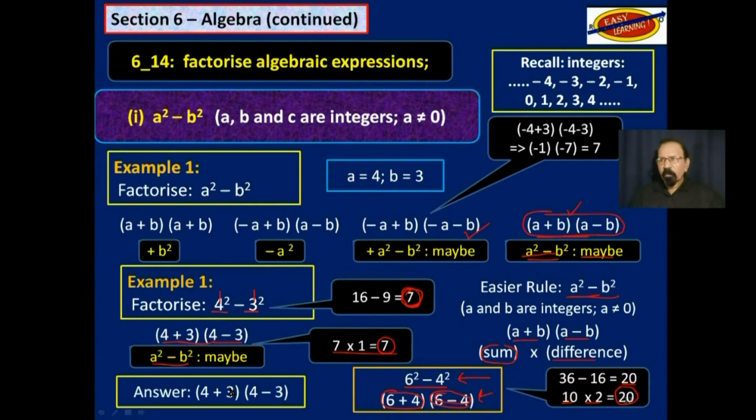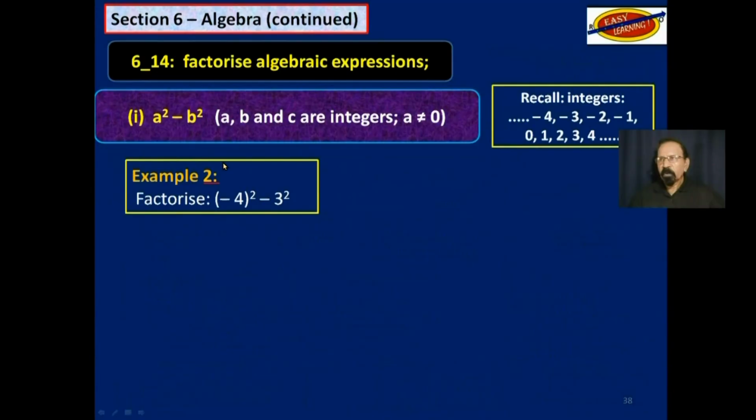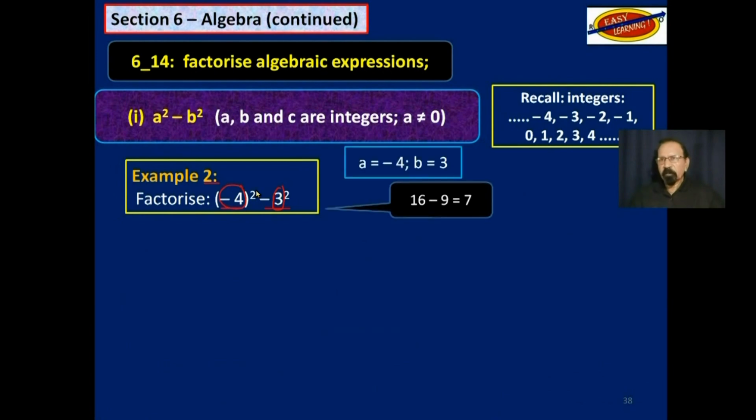So the answer here, if you have to factorize this, 4 squared minus 3 squared, it is 4 plus 3 multiplied by 4 minus 3. Example 2. If we have to factorize that, keep in mind that this is a and that is b. If we substitute those numbers, we will get 7 here.